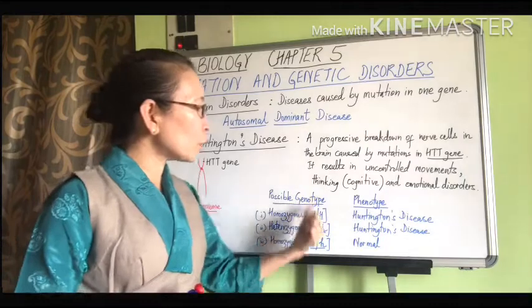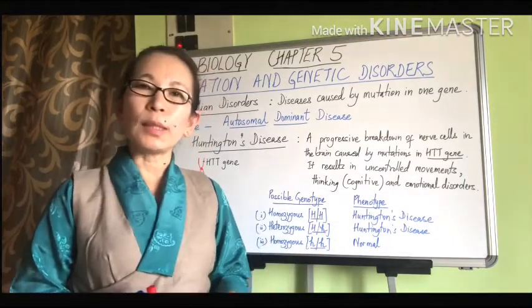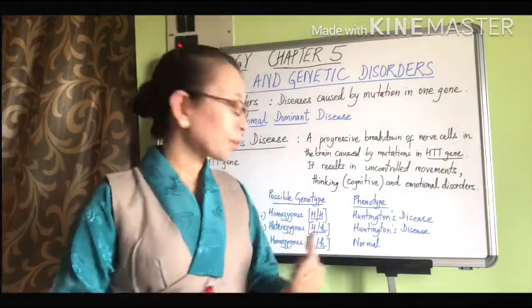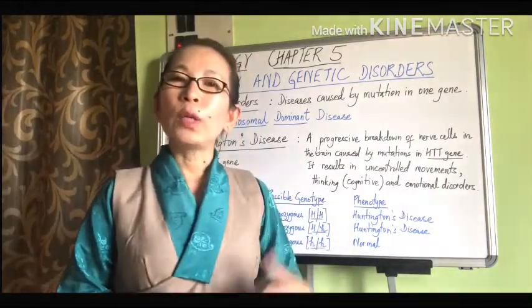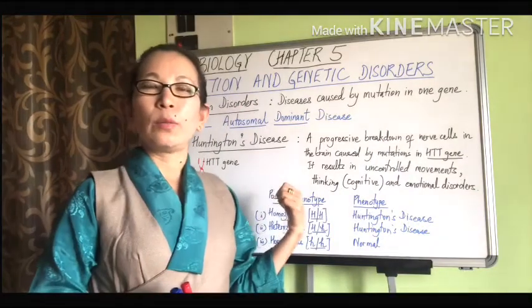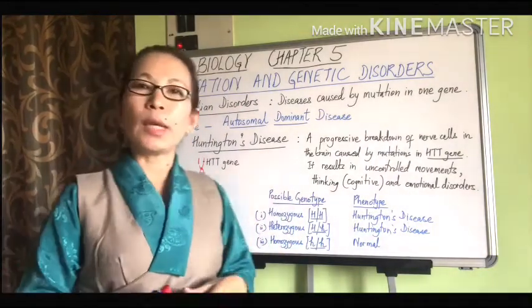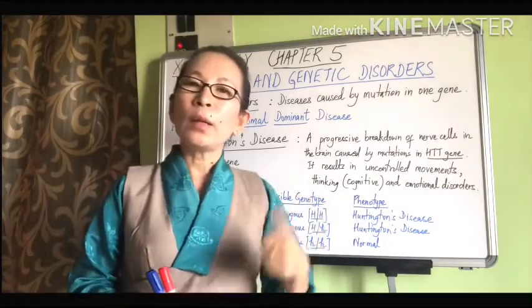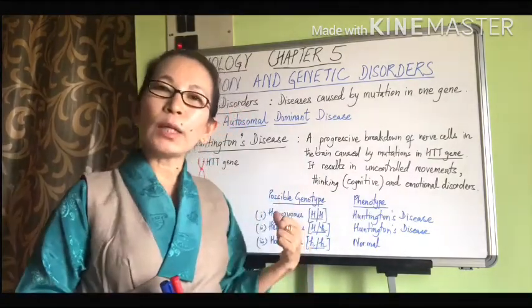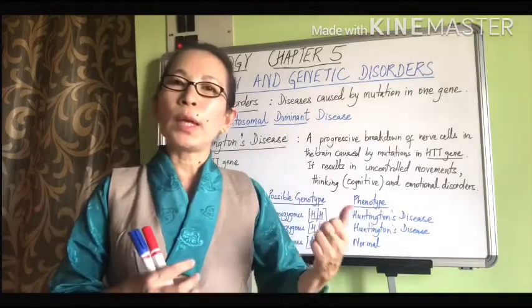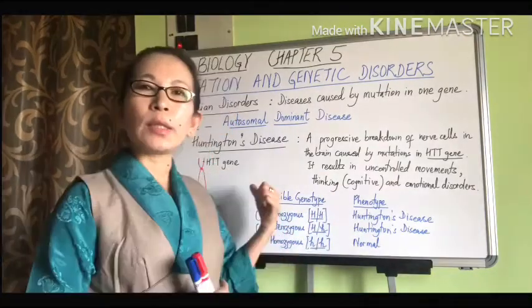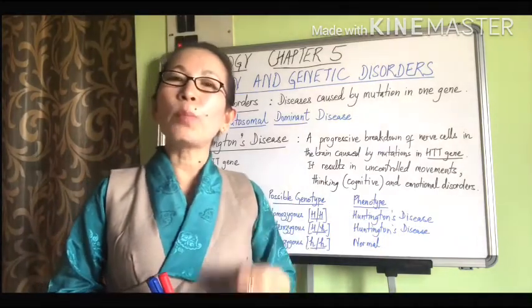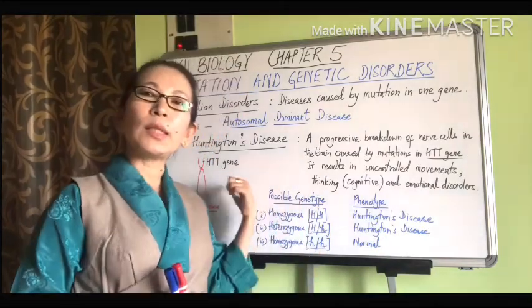If we look into the pattern of inheritance of the disease, individuals can be expected to have 2 copies of the normal allele without any mutation in the HTT gene, or 1 copy of the normal allele and 1 copy of a mutated HTT allele, or 2 copies of the mutated HTT allele.